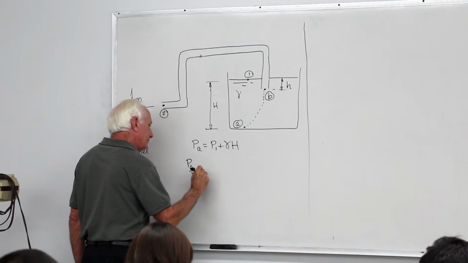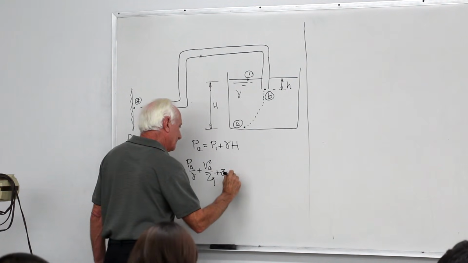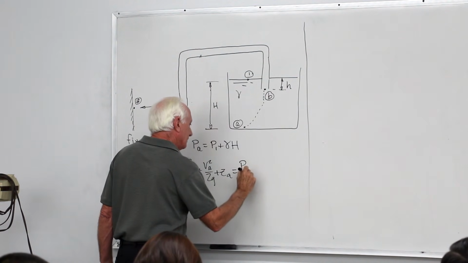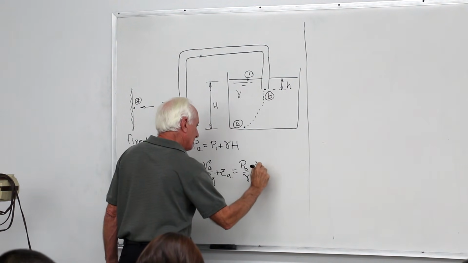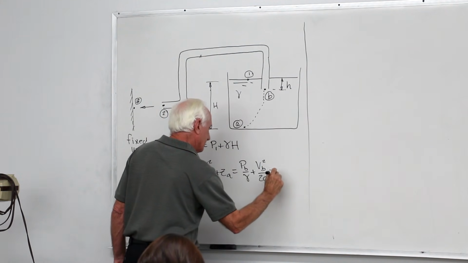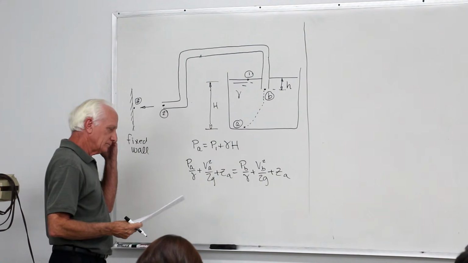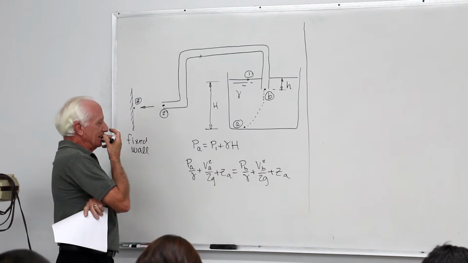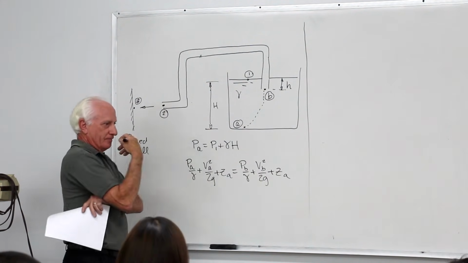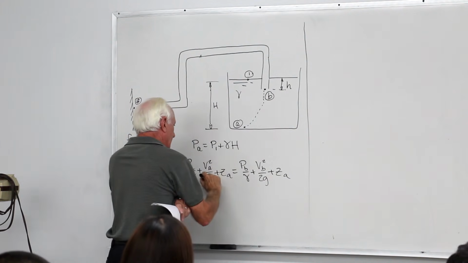PA, VA squared over 2G, ZA equals PB, VB squared over 2G, ZB. At A, I told you before, going from 1 to A, velocity at A is 0.